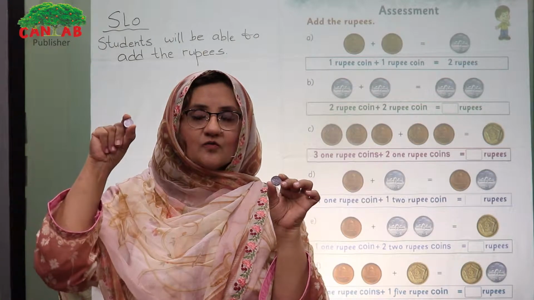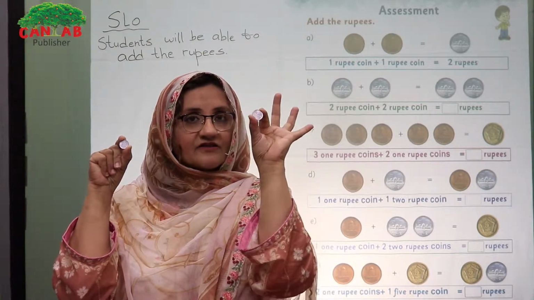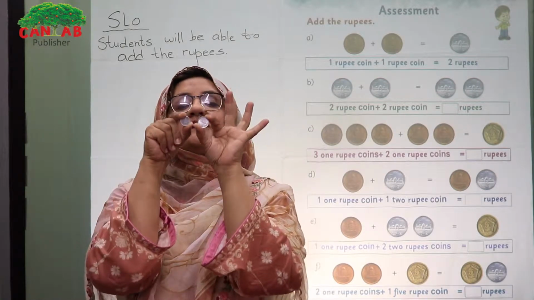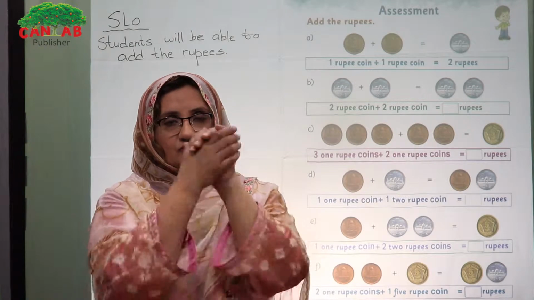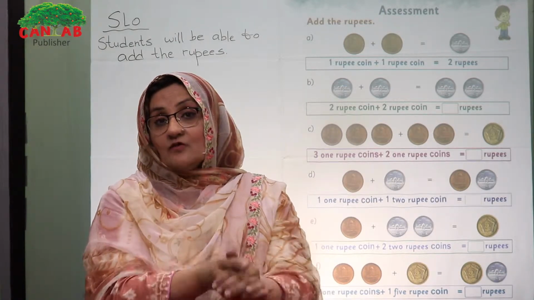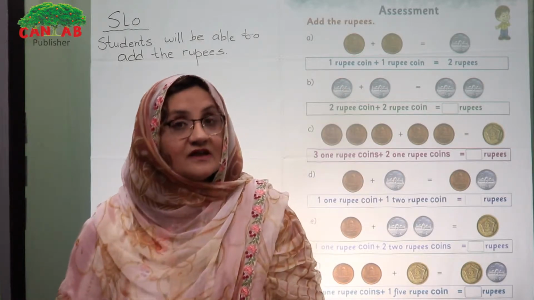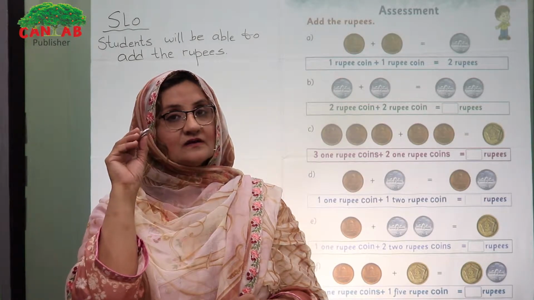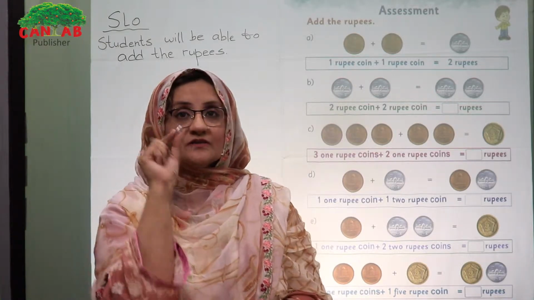I am having 1 rupee in my right hand and 2 rupees in my left hand. What would happen if I join both of the coins? I am having 1 plus 2, 3 rupees with me.